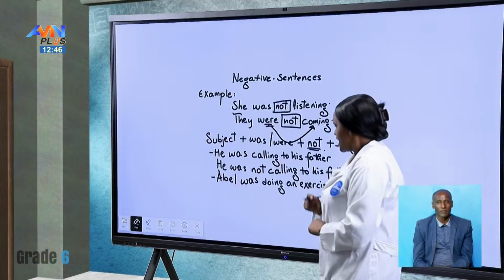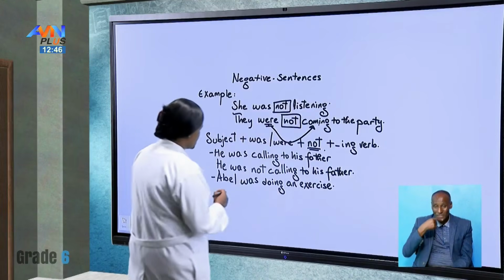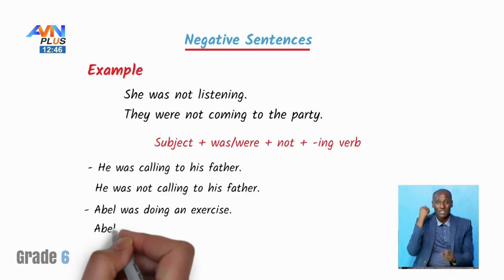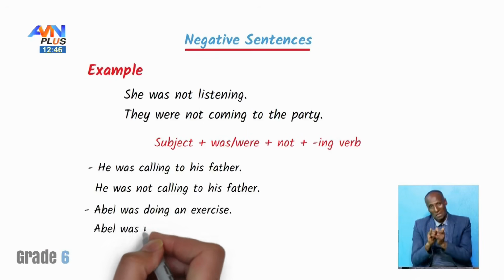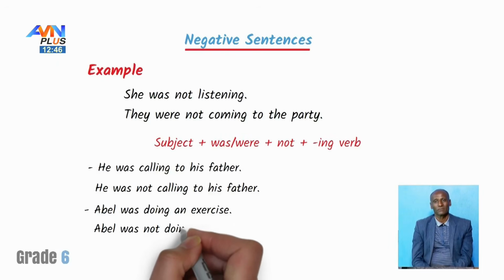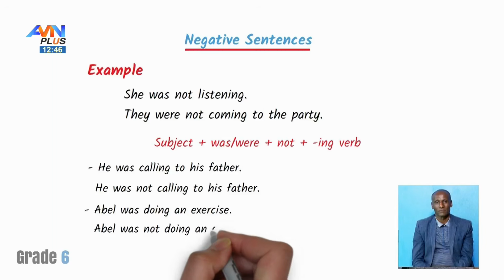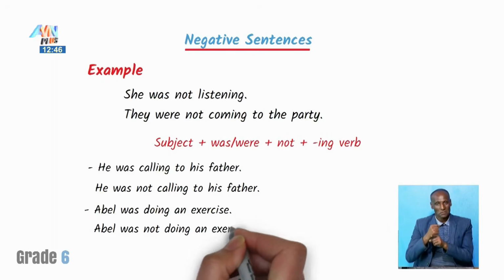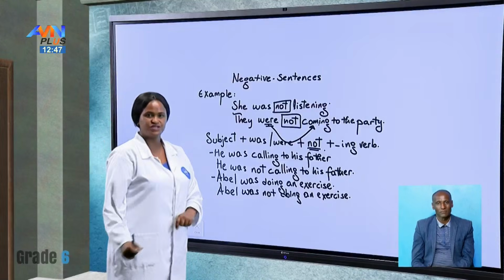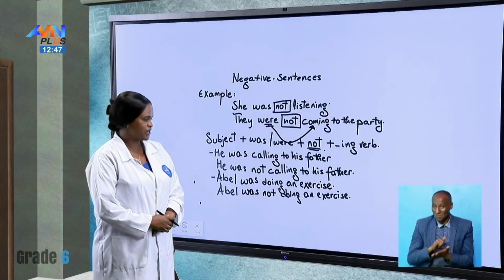Did you say Abel was not doing an exercise like this? Abel, yeah, was not doing. Good. Was not doing an exercise. Did you say that? Very good.